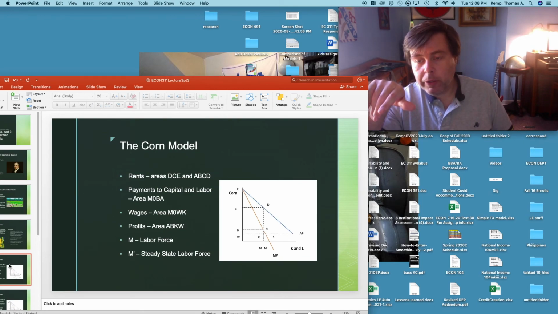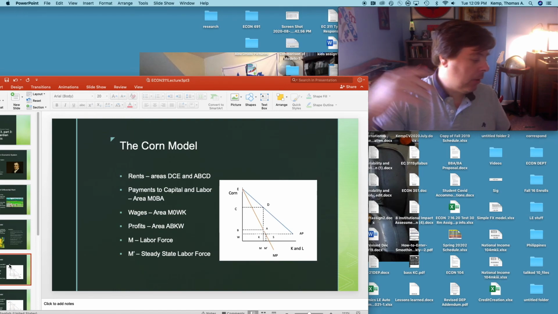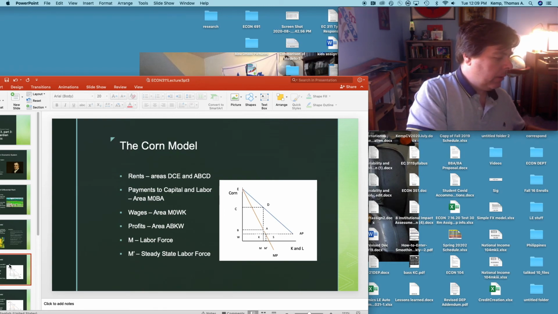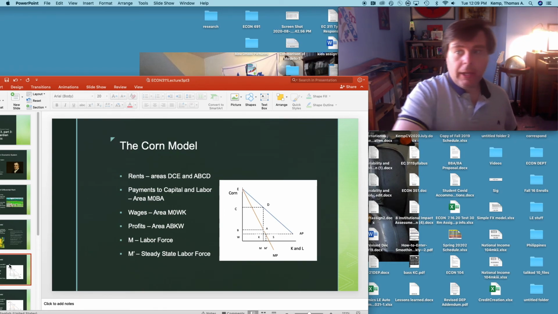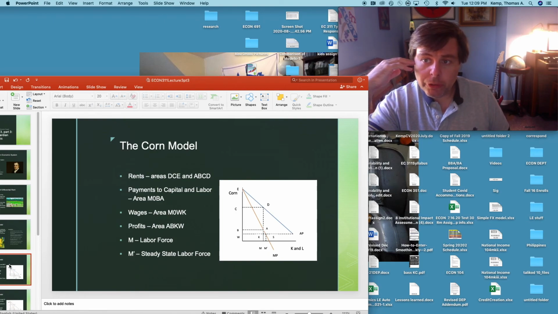Now this graph here is reproduced from your text. It's not exactly the same as your text because I made it, but it's pretty much the same. For reference, this is Blaug, page 86, Mark Blaug's Economic Theory in Retrospect, 5th edition.